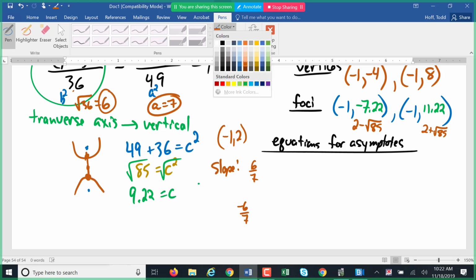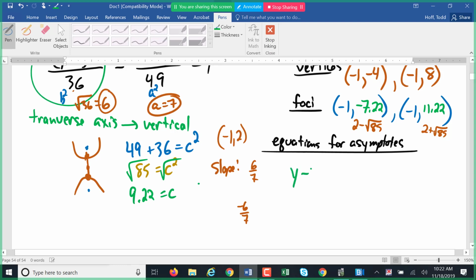So for our first asymptote, it's y minus 2 equals 6/7 times (x plus 1). And for the other one, it's y minus 2 equals negative 6/7 times (x plus 1).